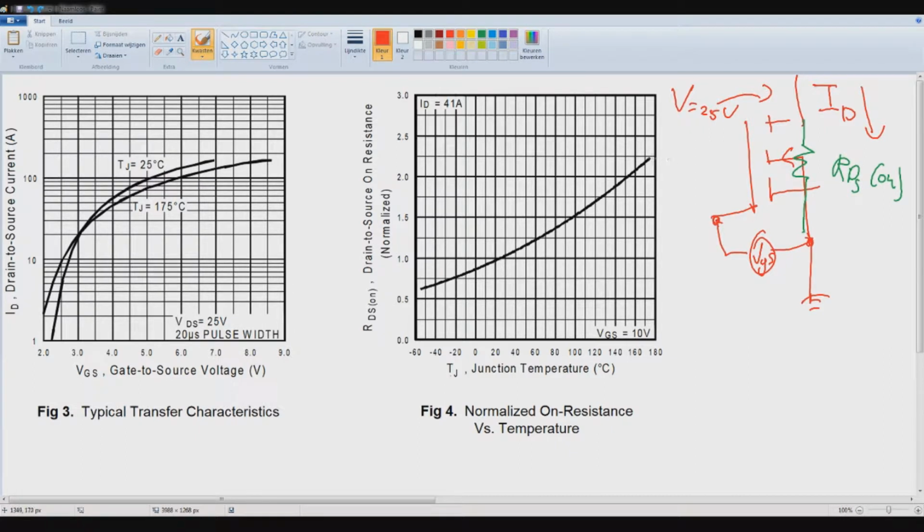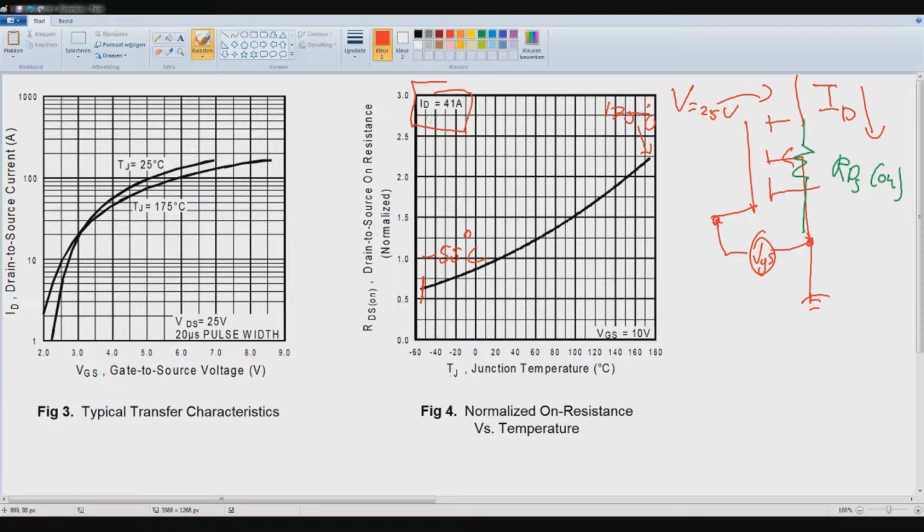So as we can see over here, this is 175, probably the breakdown temperature of the case itself. And here we are at minus 55 degrees, which is also in the data sheet, as I remember correctly.